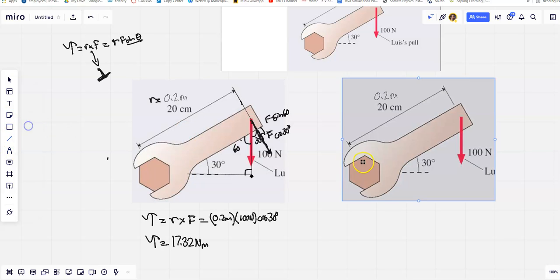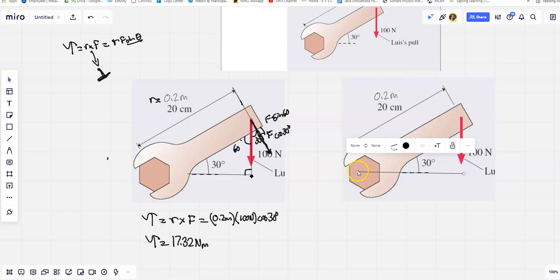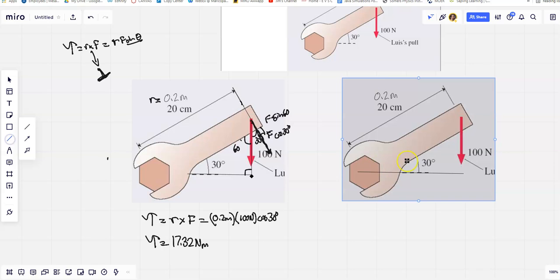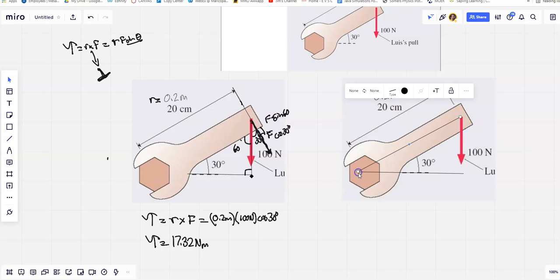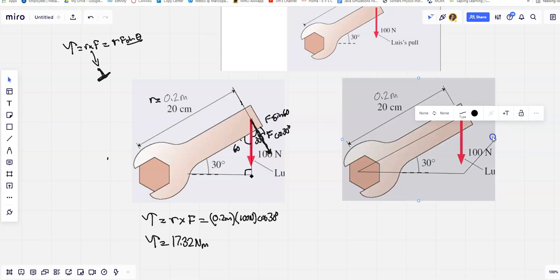What I'm going to do is take this, and make a triangle here, just like it was shown in Knight's example.